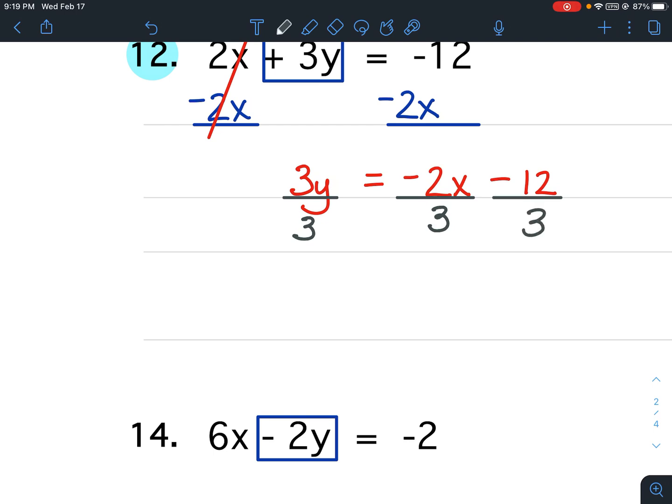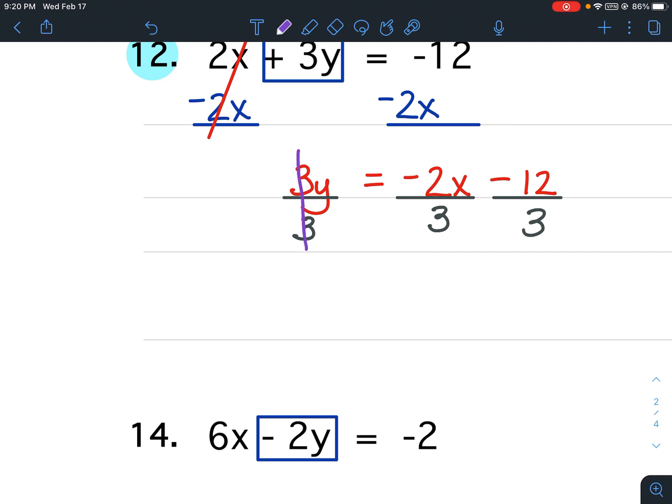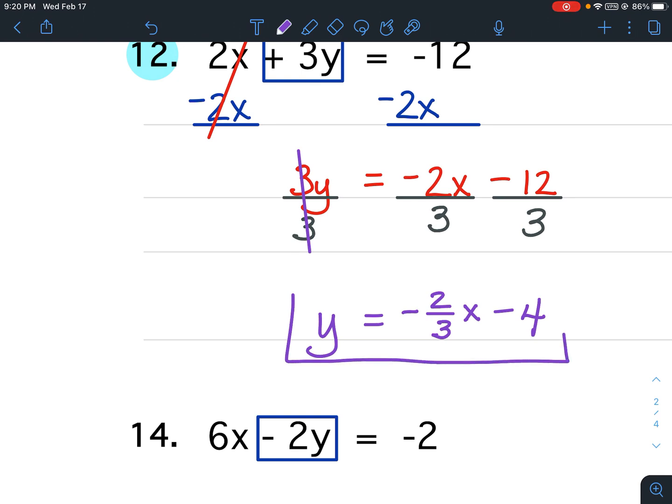And again, you want to use the fraction button to do this. So my 3's will cancel. If you put negative 2 over 3 into your calculator, it's going to stay negative 2/3. So it's going to be negative 2/3 x, and negative 12 divided by 3 is negative 4.